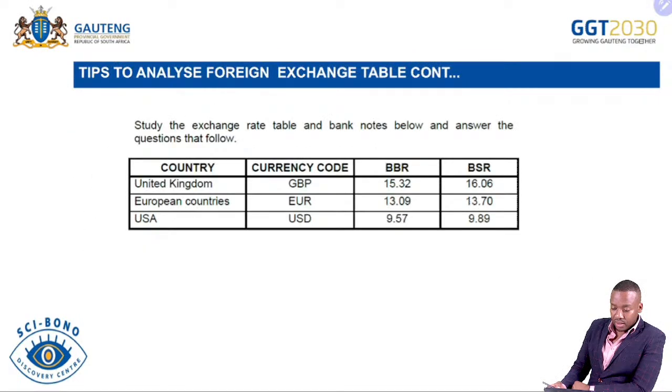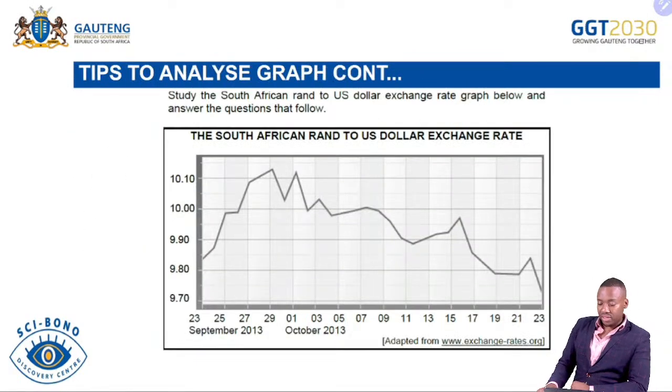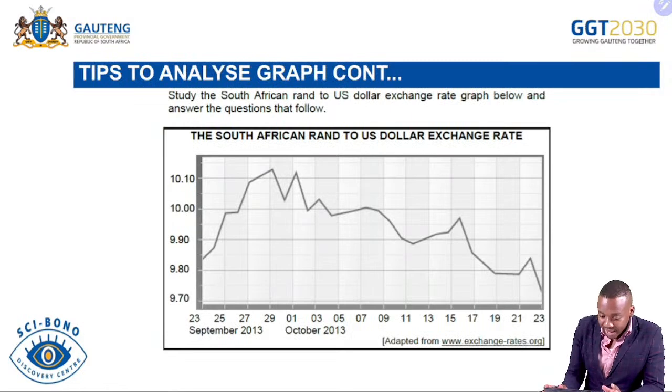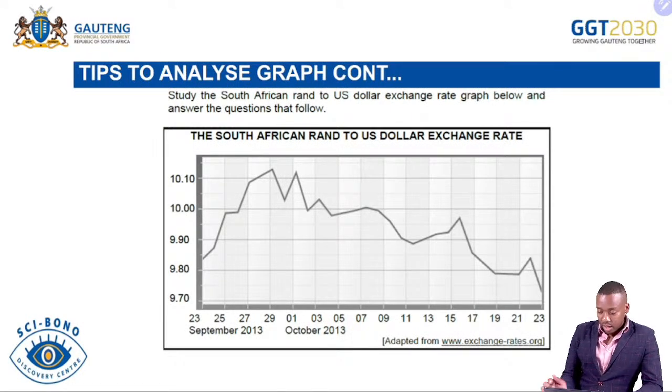Right. I wanted to show you this. You might come across a graph like this. This graph shows us, as you can see here, this line going up, going down, going up, going down. So what do we call this? We call it fluctuation.